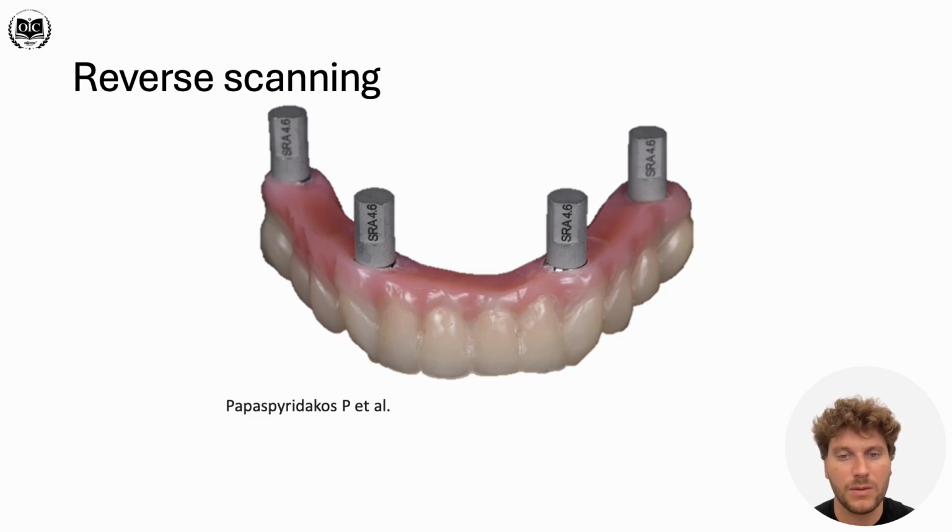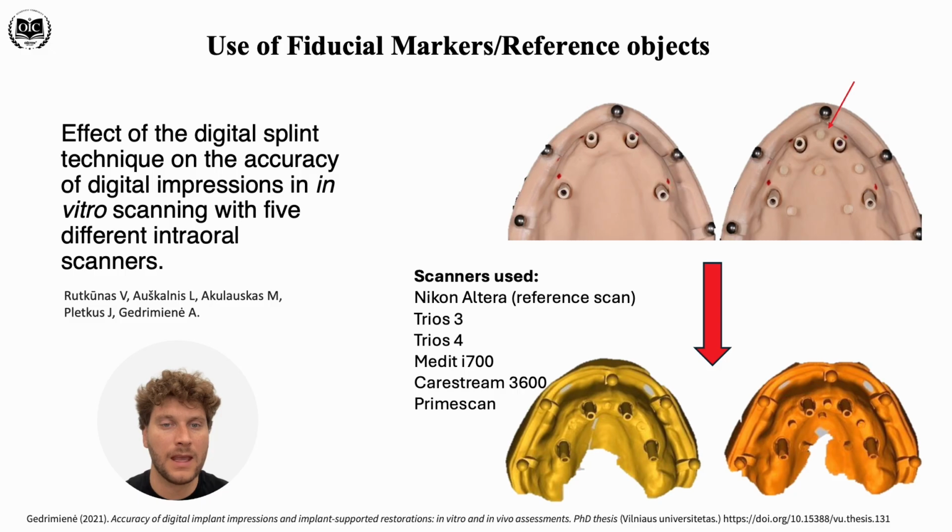The dental technician can merge all the information and get the accurate position of the implants in relation to the mucosal scan that we do in the patient's mouth. And this is a mixed method, really convenient, easy, and cheap.